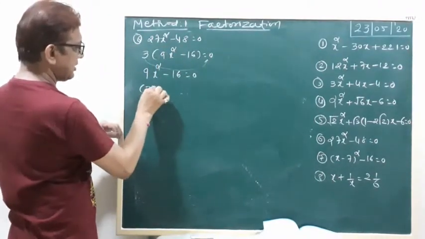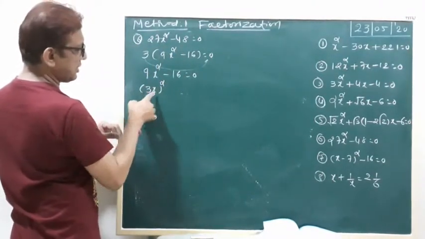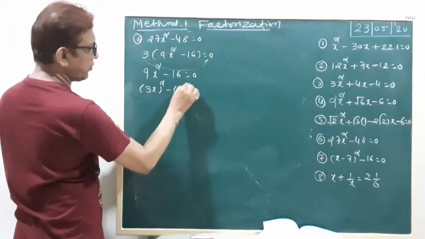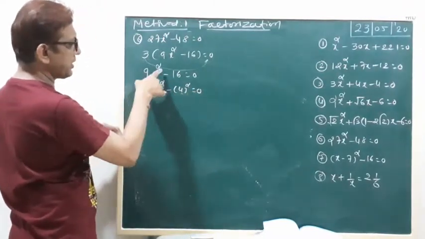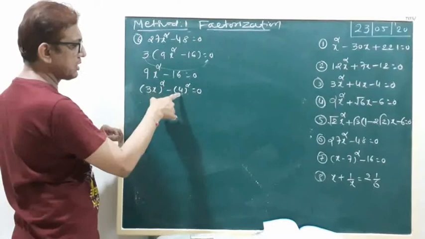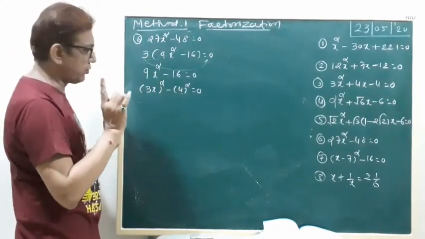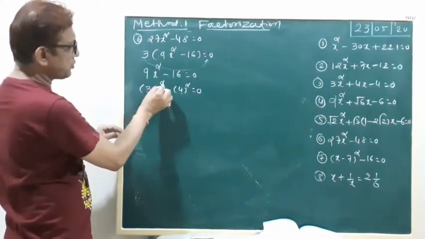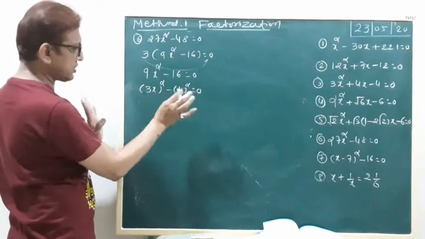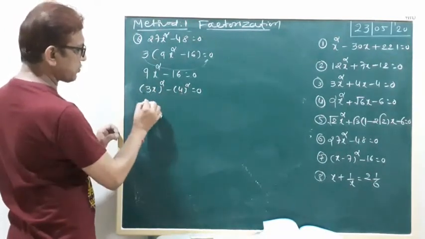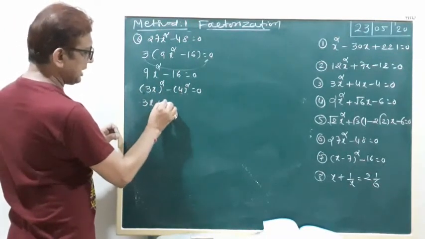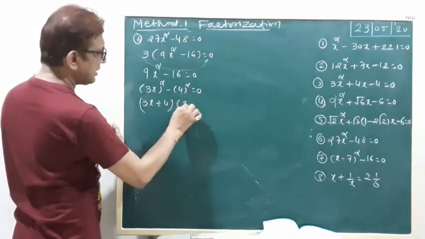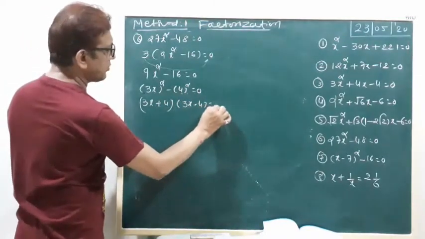Now apply (3x) square minus 4 square equal to 0. 9x square is the square of 3x, and 16 is the square of 4. So 3x whole square is 9x square, and 4 square is 16. Now apply a square minus b square: (a plus b)(a minus b) equal to 0.